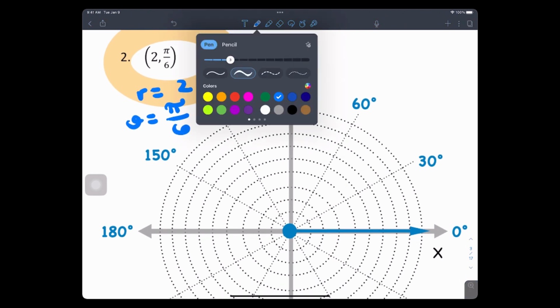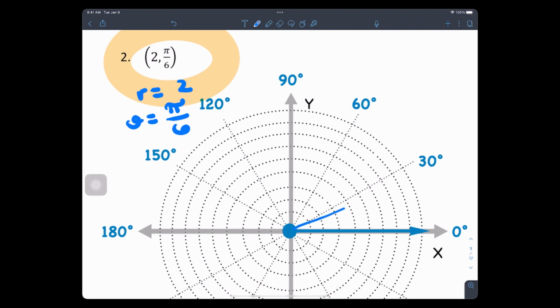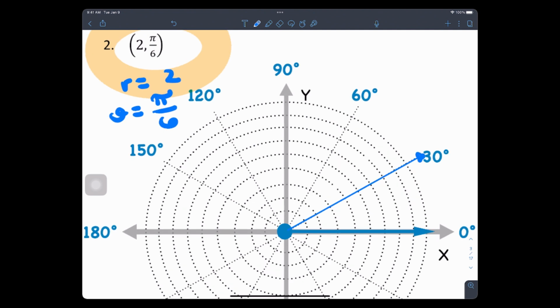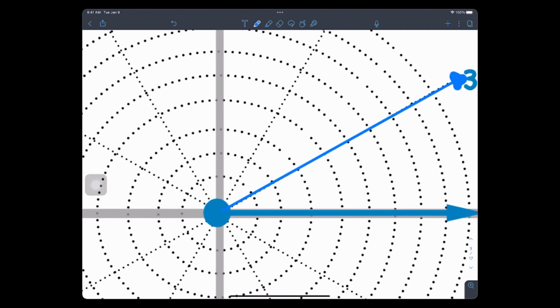So to plot that point now again, remember what we did yesterday. The radius here, this is 30 degrees. Isn't that pi/6, 30? And then what's your radius here? 2.